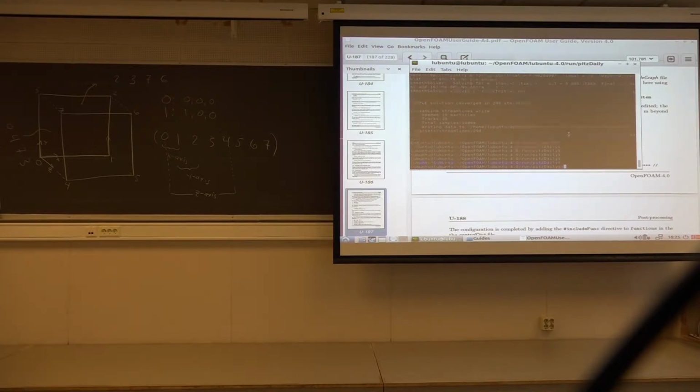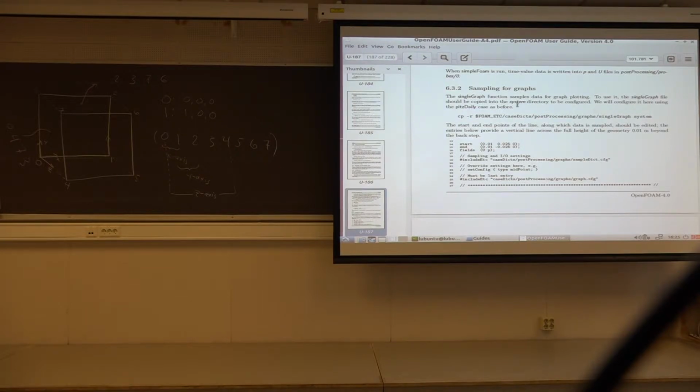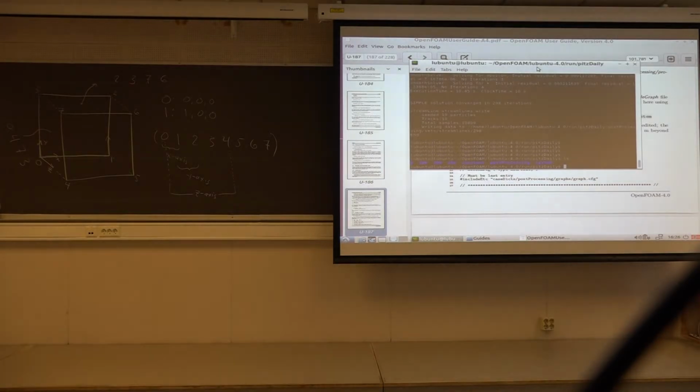So now I have some results, and what I actually want to do is to include this singleGraph file. So we have to find that one and copy it into the correct folder. So what you can then do is mark this sentence like that. You just left click and drag, and then you can mark a text, and then get the terminal in front.